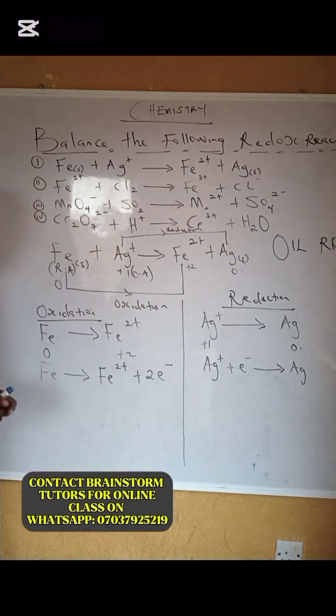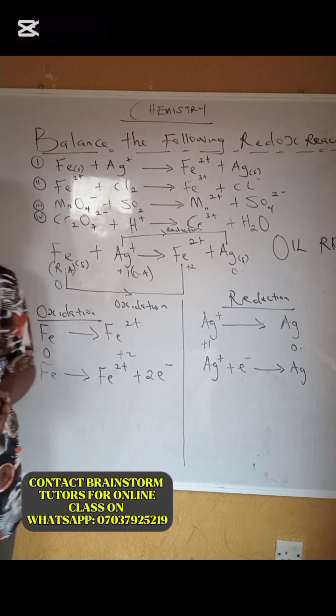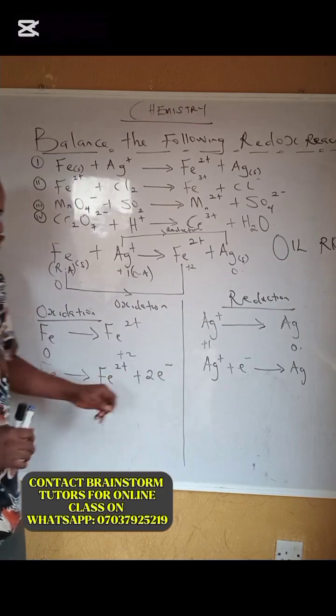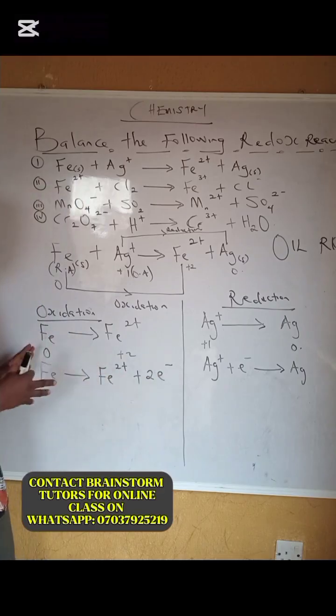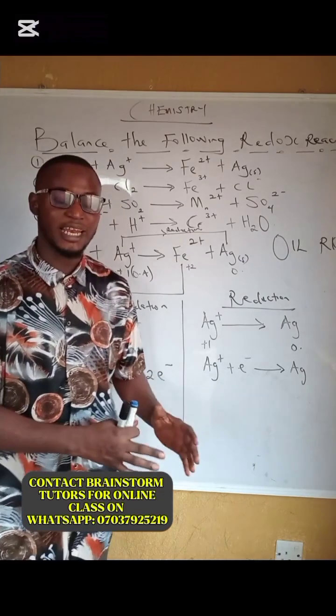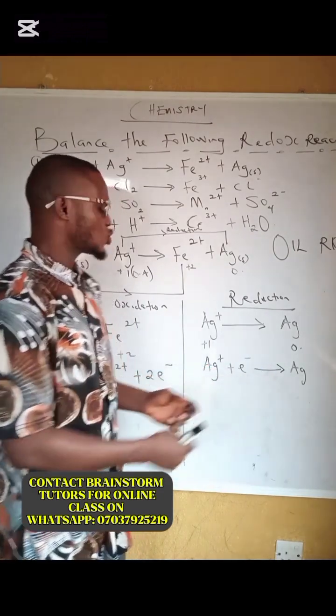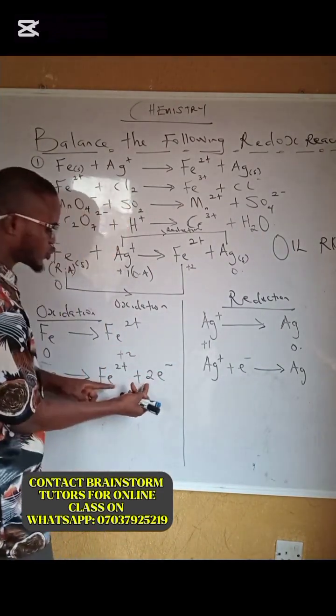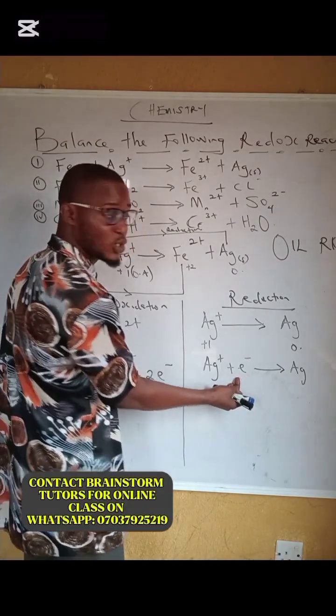So now there are two things that need to be done here. For us to have a balanced ionic equation, the number of electrons I have at the oxidation must be equal to the number of electrons I have at the reduction. So in order for me to do this, I need to multiply, because here we have two electrons, but here we have just one single electron.